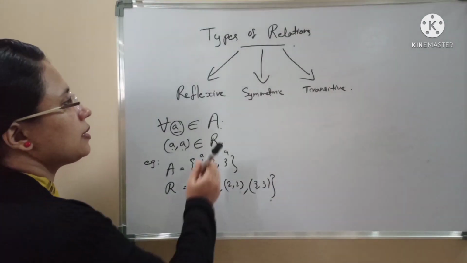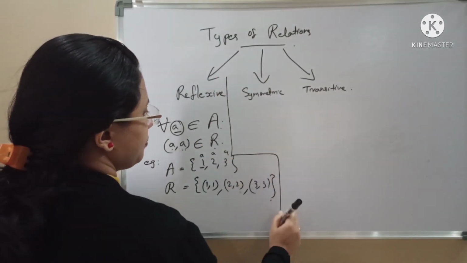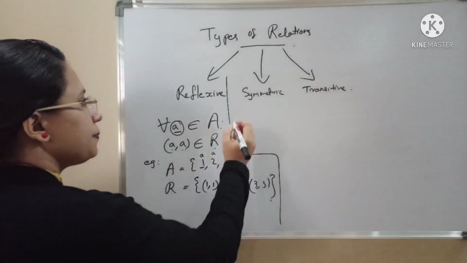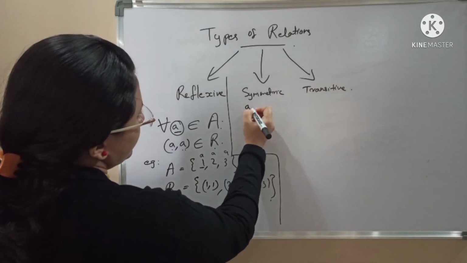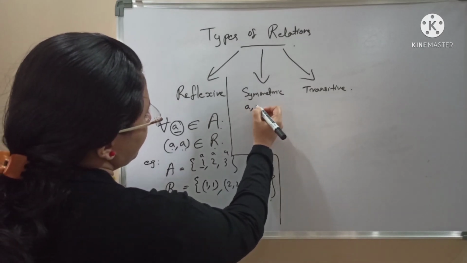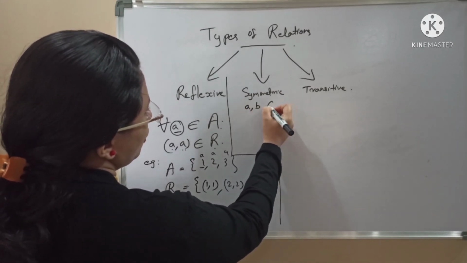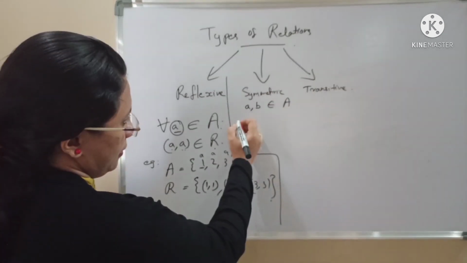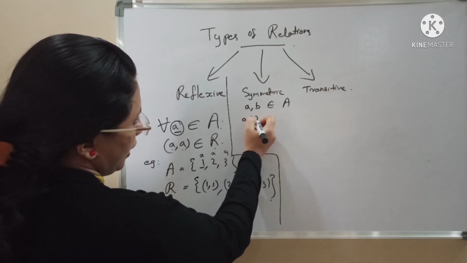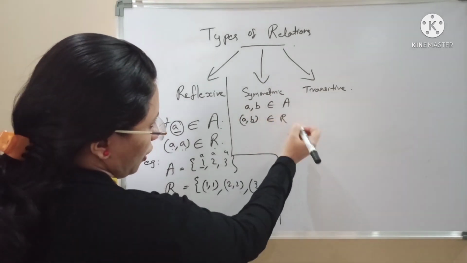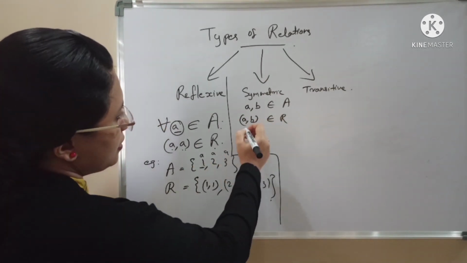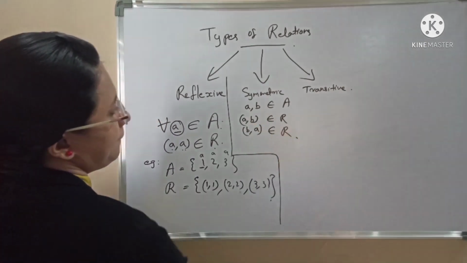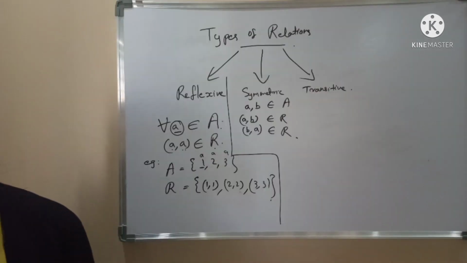Now we'll see what is symmetric. Symmetric in the sense, if a and b belong to A, then (a, b) belongs to R as well as (b, a) belongs to R. That is symmetric.